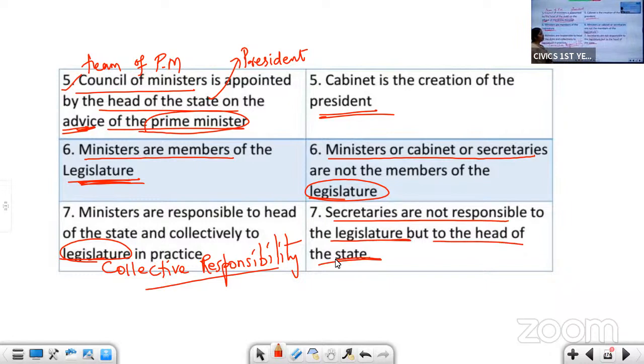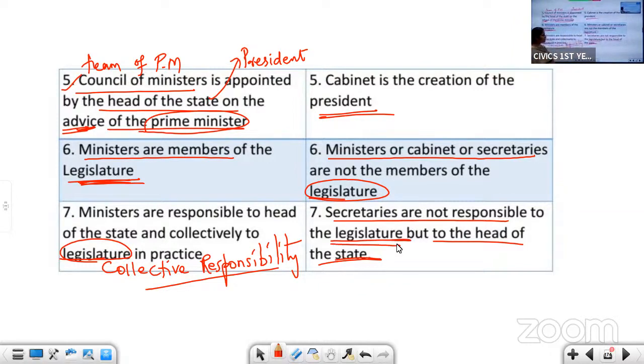Here, in the presidential form of government, the executive and legislature are independent of each other. So the ministers or the secretaries of the president, the team of the president, are nowhere responsible to the legislature.